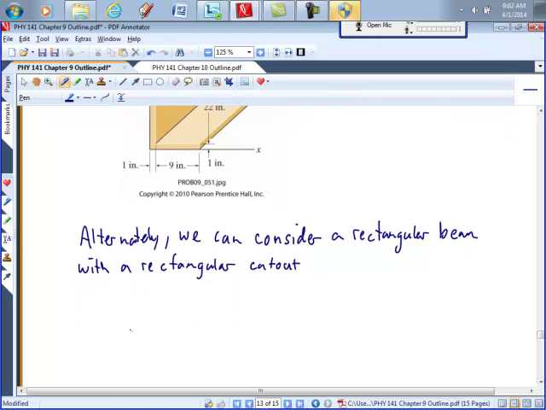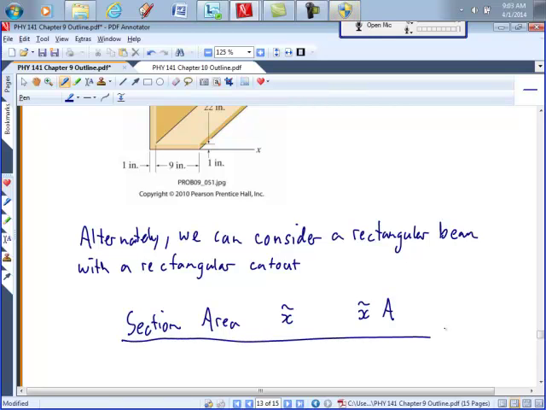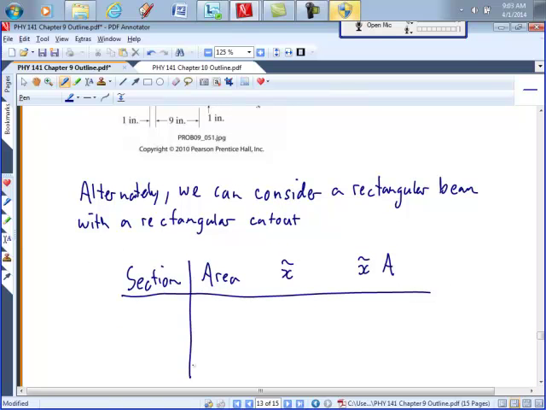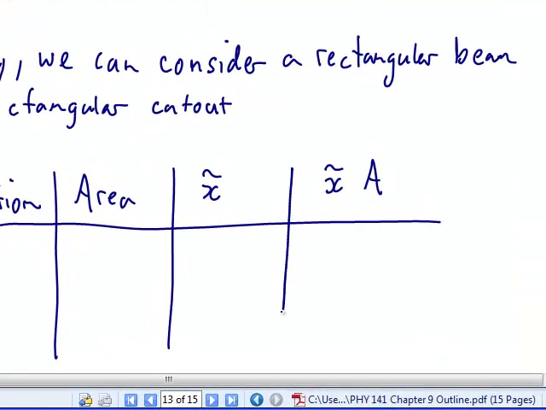Okay, so we would do the same thing with our table. We'd have our section, area, x tilde, x tilde times the area. So section A was the whole beam, so 24 by 10, 240 inches squared.